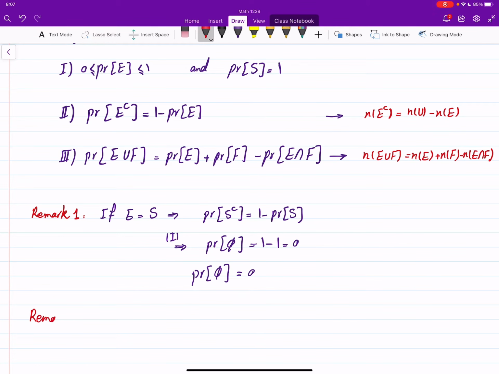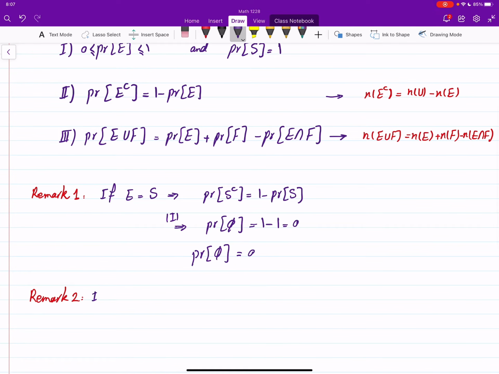So that's another property that we can get from the properties of probability measure. Another result is that now I can combine remark 1 with property 3. If two events E and F are mutually exclusive, it means that their intersection is the empty set.